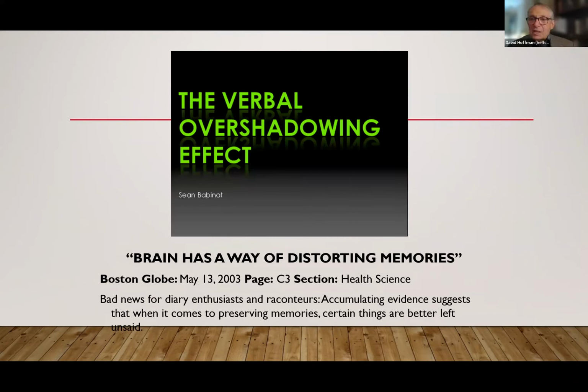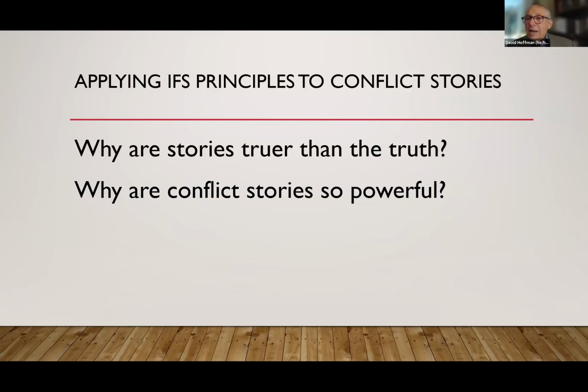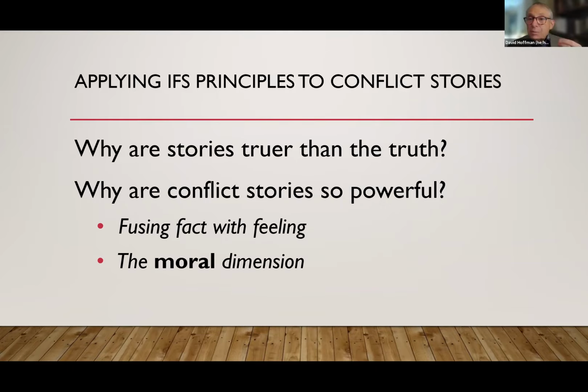Cognitive psychologists have explained that when we tell a story over and over again, it digs the groove of anger or resentment and angry protective parts even deeper. And that's because these conflict stories are infused with emotion, and particularly the moral dimension of the story.